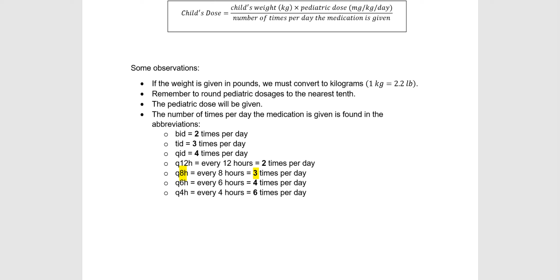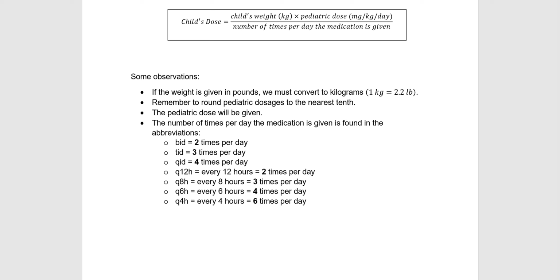The way that you can get these, if it didn't just come to you naturally, is you do the 24 hours divided by 8 hours, which would give you 3, so 3 times per day. And then Q6H is 4 times per day, Q4H is 6 times per day. Okay, so those are the numbers 2, 3, 4, 6, the most commonly used ones that will be the denominator of the formula here.